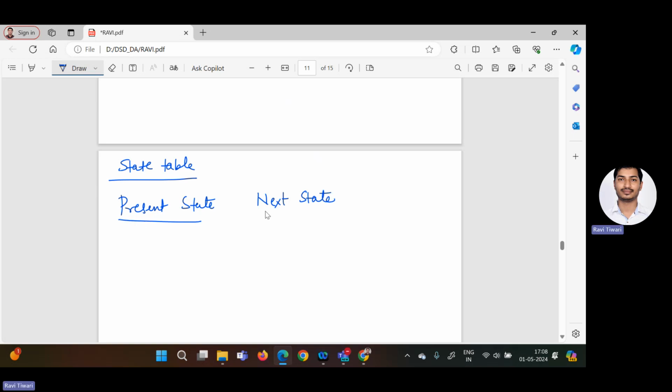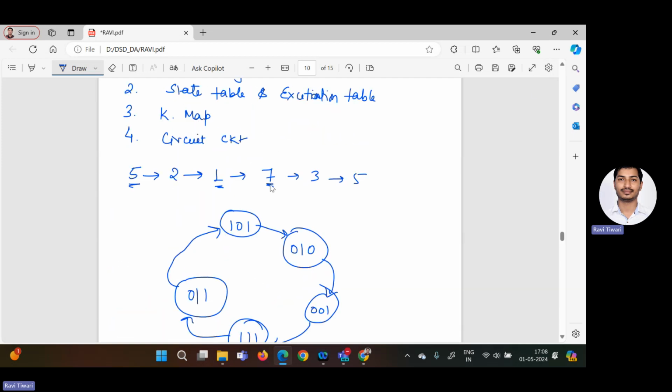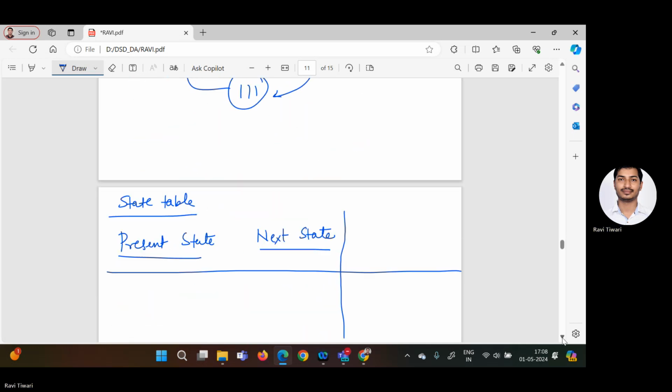So first we will draw the present and next state, and then we will think about the flip-flop inputs. Here we are taking 3 bits for the representation. Why have we taken 3 bits? Because the largest number here is 7, and to encode 7 we require a minimum of 3 bits, that is 111. So here we are using 3 bits.